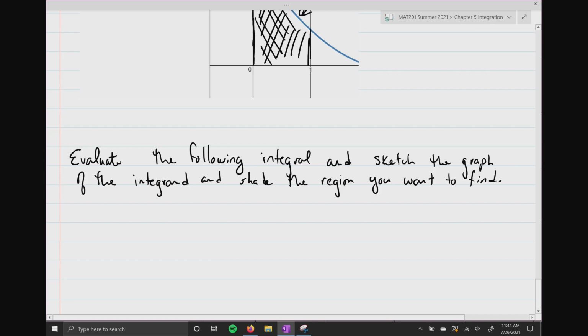All right, so here's our integral. It's the integral from -6 to 1 of x squared plus 5x minus 6 dx.